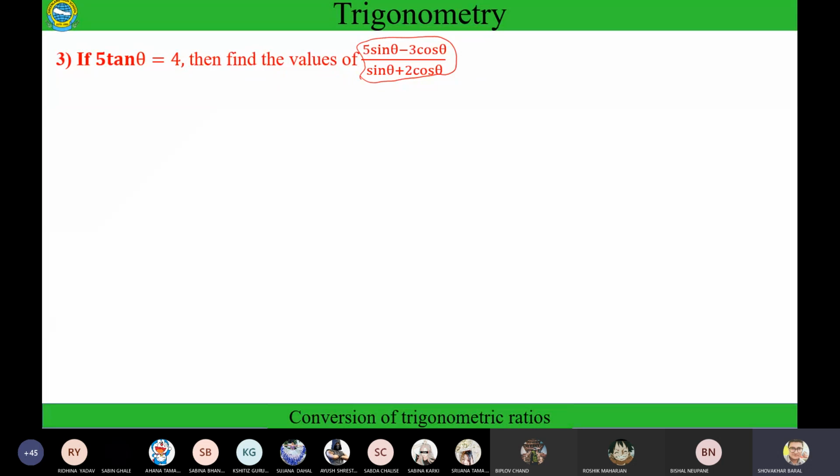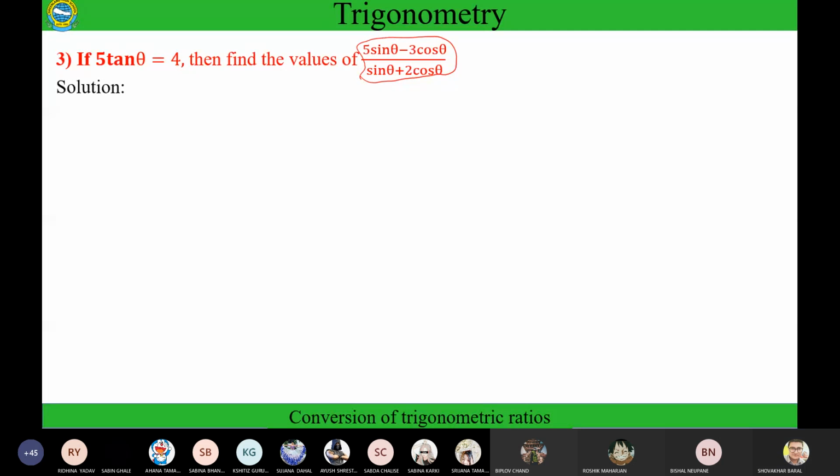In the earlier textbook, I think Smita publication, it was included last year. The publication was changed, so I don't know whether it was included or not. We have to find the value of this expression. So let's use the same concept that we have used in the earlier slide.